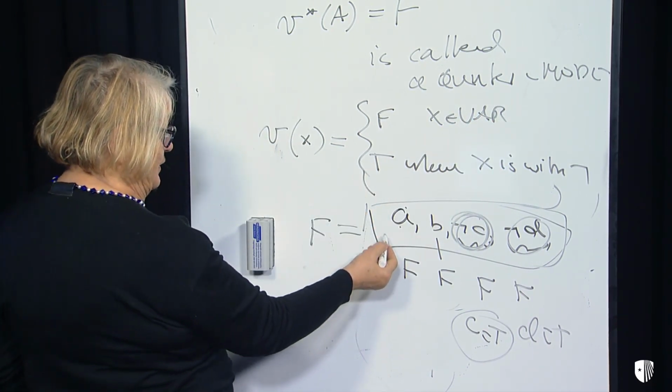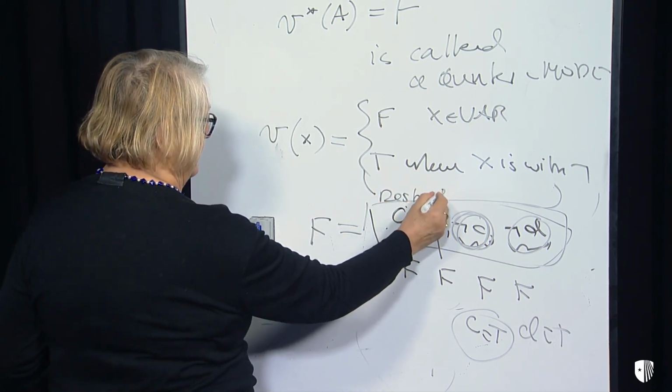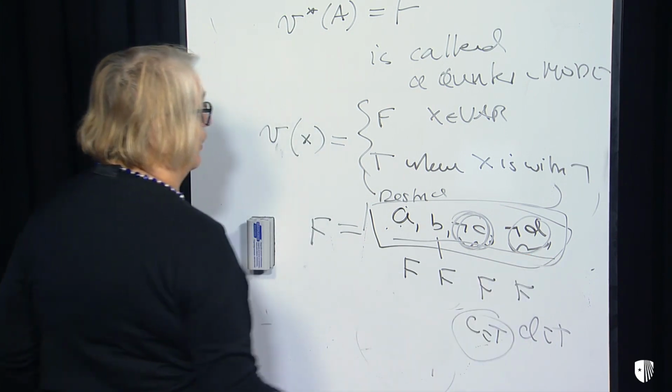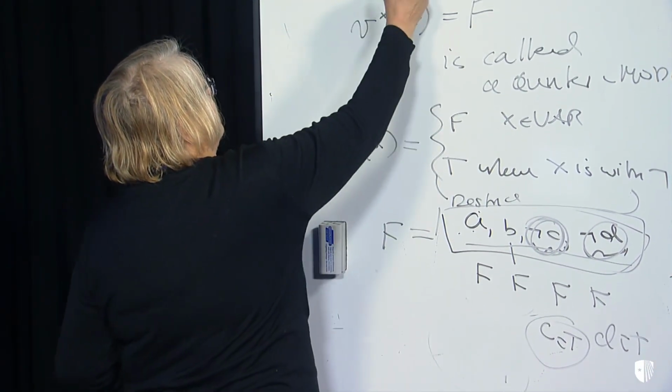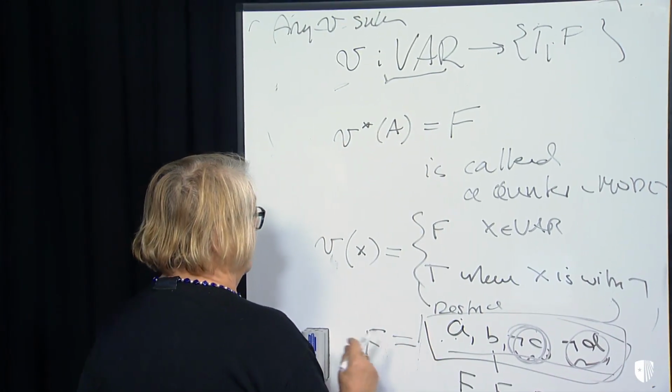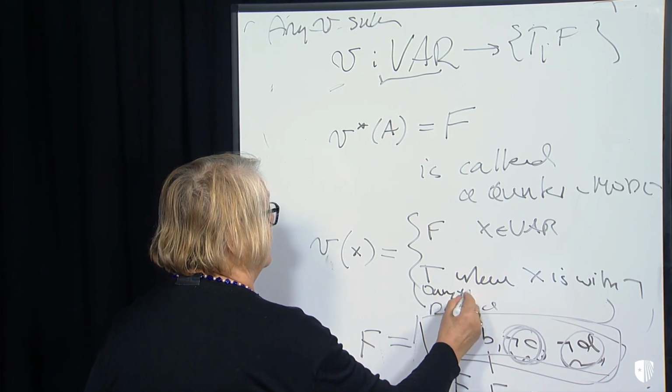And then you see here, this is called restricted. These are the variables, only 4 variables. V, the domain, is the set of all variables. So you can put here anything you want.